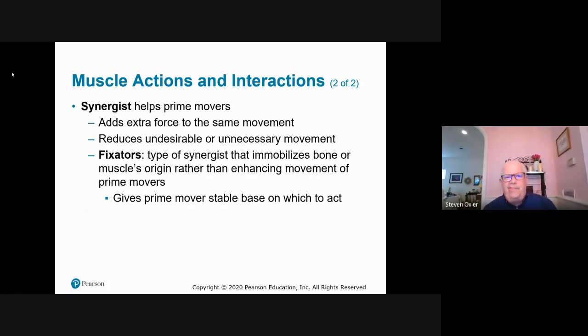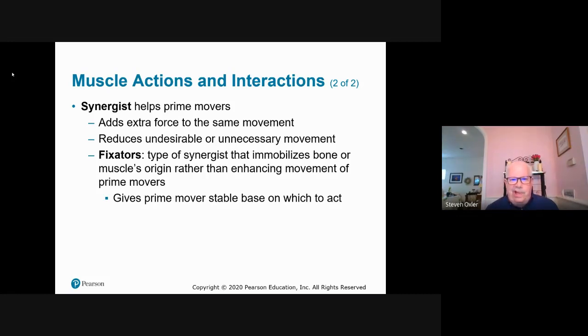A third type of muscle is a synergist, and the synergist helps the prime movers. It adds extra force to the same movement. It reduces unnecessary or undesirable movement.